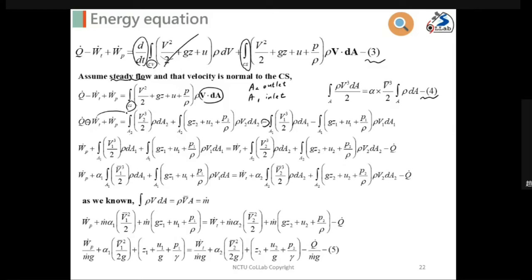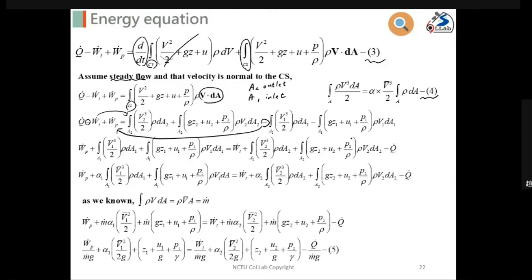So let's put the signs on the left-hand side and right-hand side so they are always positive. There is a minus, so we move it to the right-hand side, and there is a minus, so we move it to the left-hand side. And then we rewrite the equation. So we have the W_P here, and there are the velocity items along the control surface. So we move out, and another integration along the cross-section area is gz1 plus u1 plus p1 divided by rho.